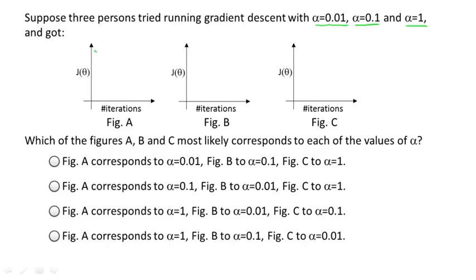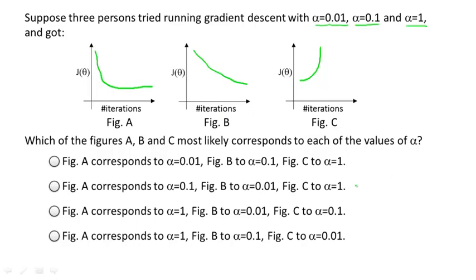Your first friend comes away with this plot, your second friend ends up with this plot, and your third friend ends up with a plot like that. My question is, of these figures A, B, and C, which most likely corresponds to each of these three learning rates?